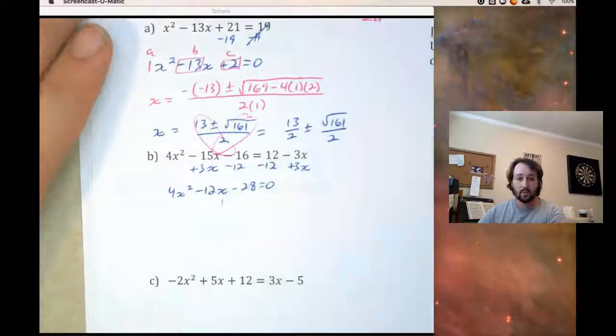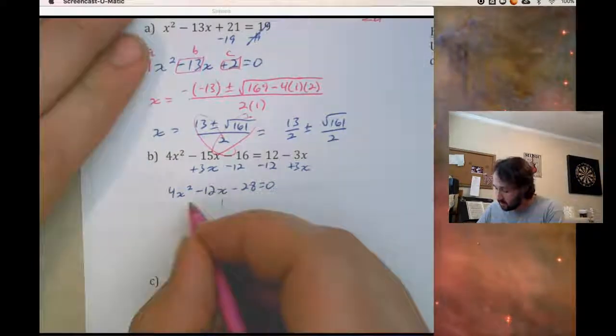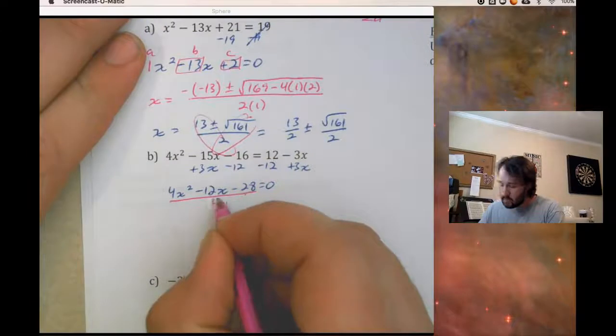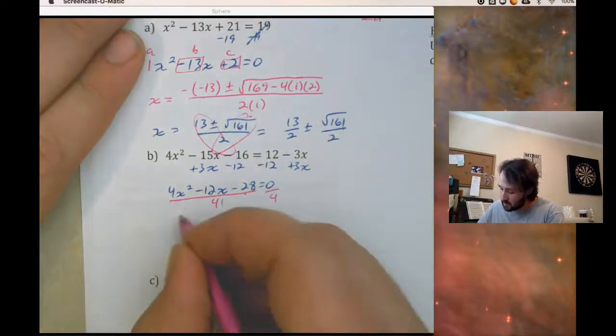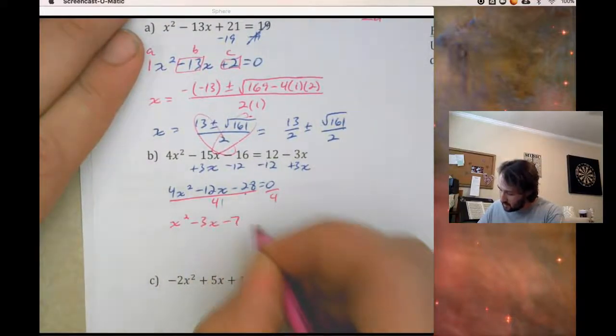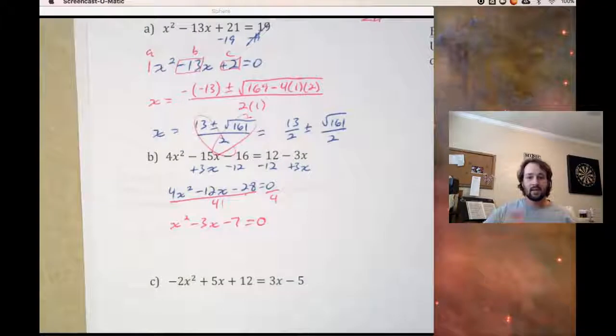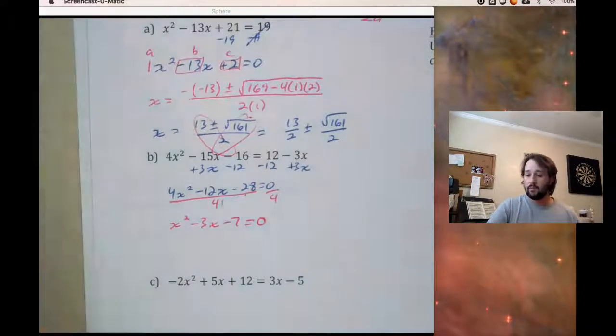So this will be a big number, but notice you can divide everything by 4 first. Save yourself some time. Go ahead and divide all of these things by 4 because they're all divisible by 4. We're really dividing both sides by 4. So now this becomes x squared minus 3x minus 7 equals 0, such that now our numbers are smaller. We'll still get the same solutions, but we have fewer numbers to work with in our quadratic formula.